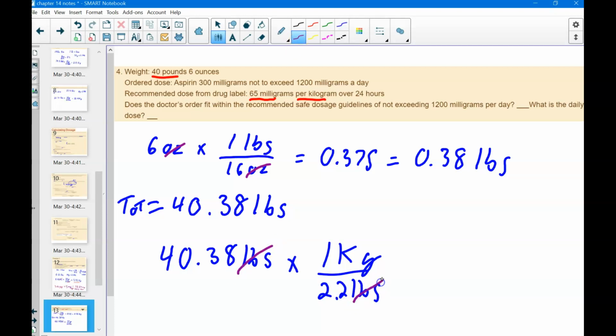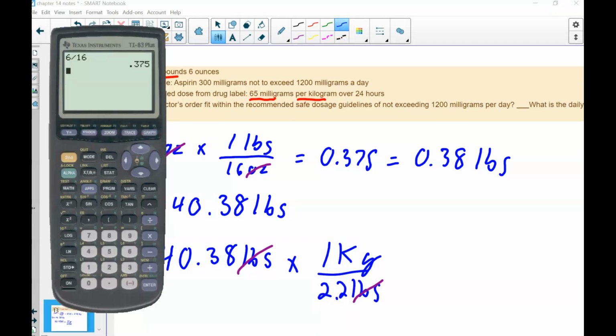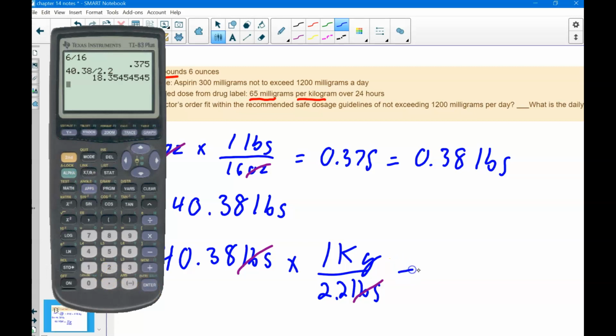Pounds will cancel. And I have 40.38 divided by 2.2 equals 18.35.